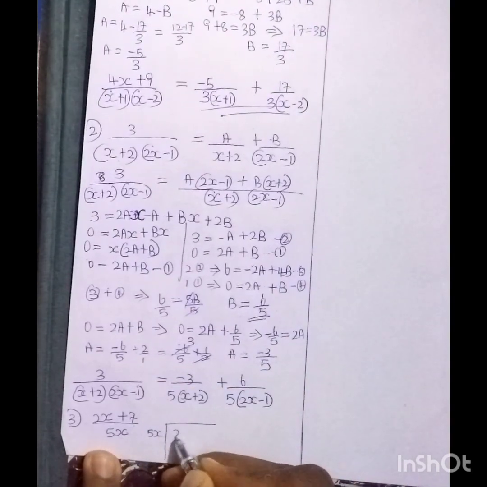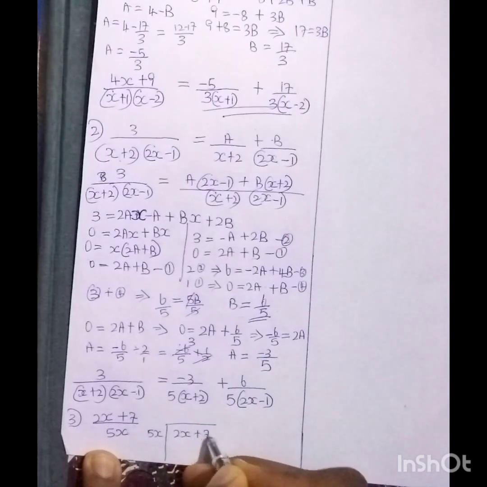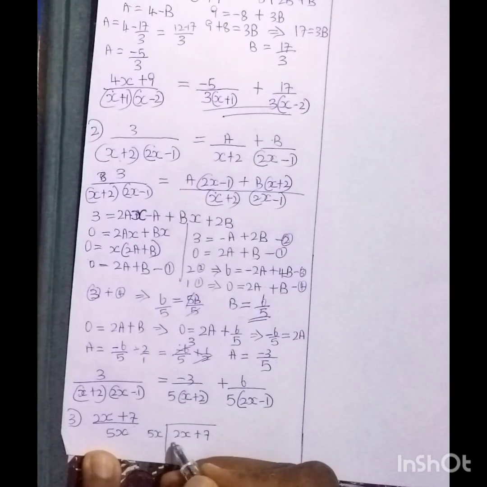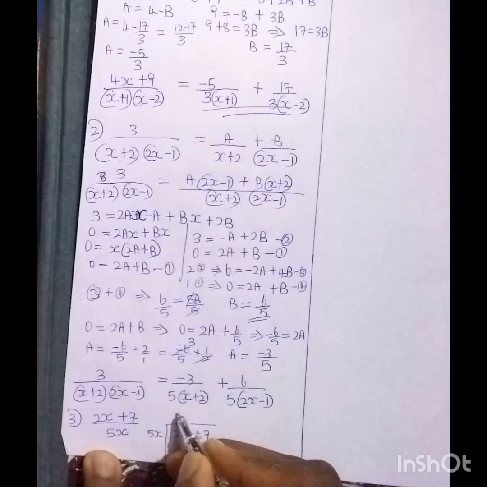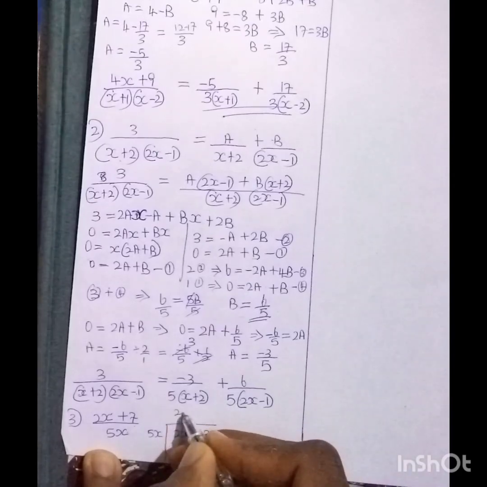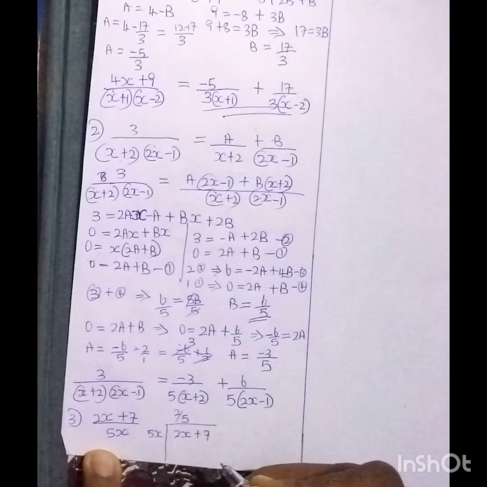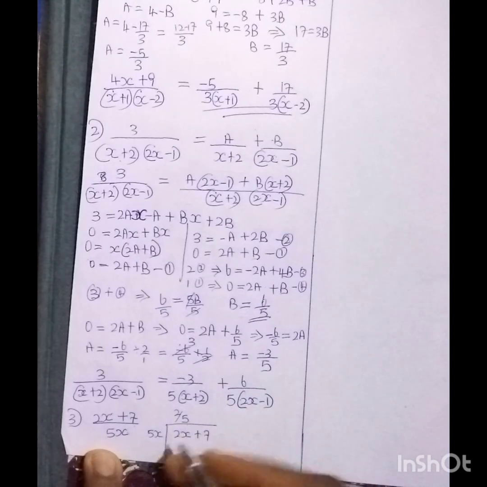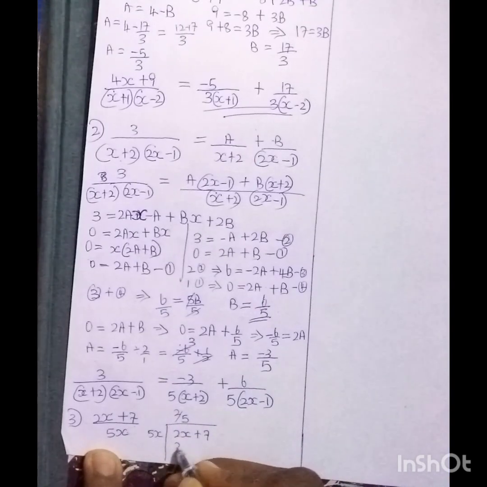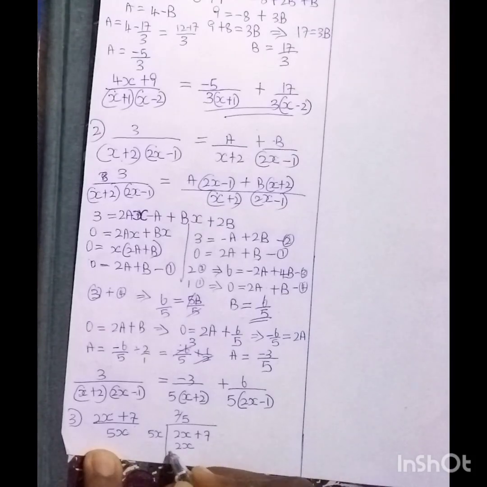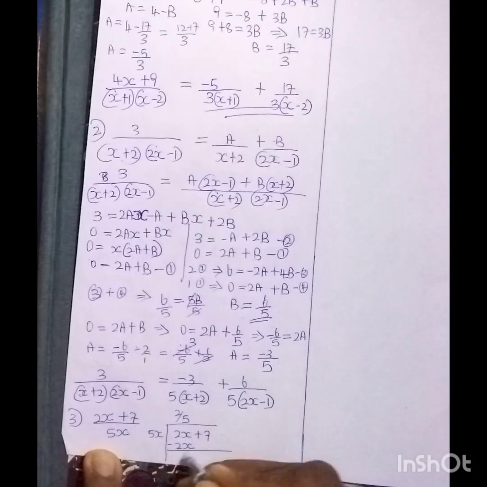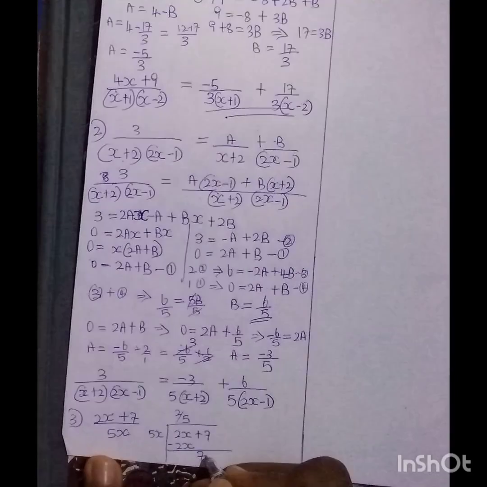5x into 2x plus 7. 2x divided by 5x will give us 2 over 5 times 5x. 2 over 5 times 5x will give us 2x, minus 7.